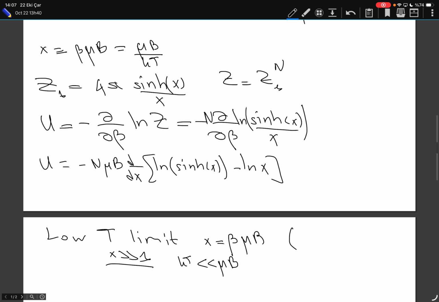Okay, this is my u, which is minus mu and b d over dx, cosine hyperbolic x over sine hyperbolic x minus 1 over x.